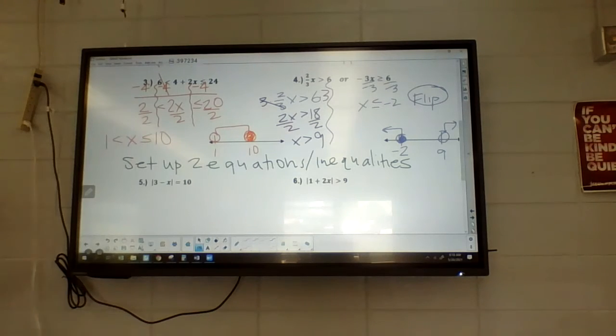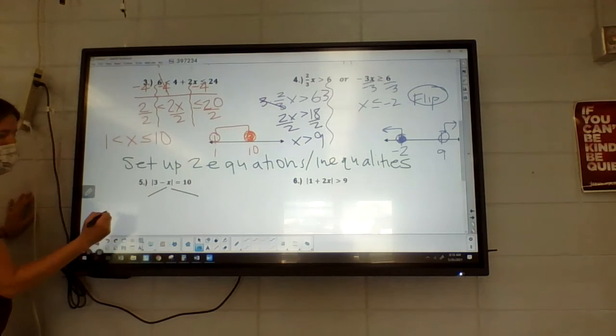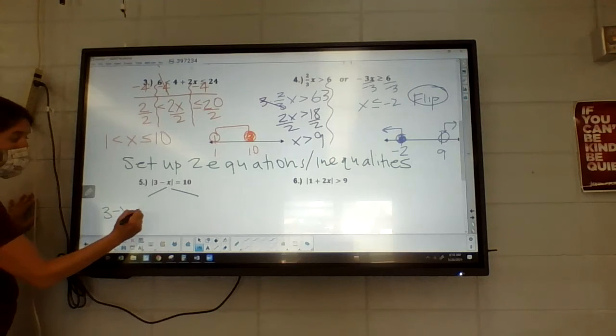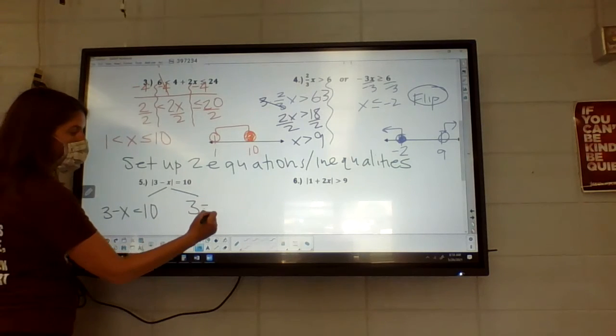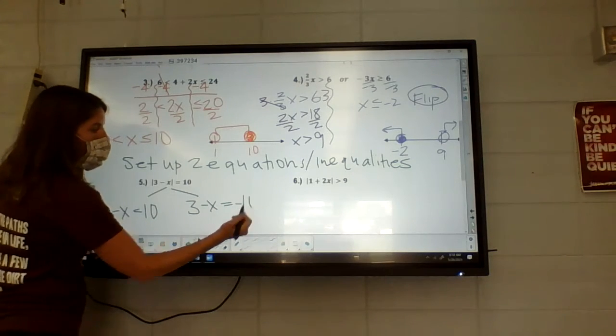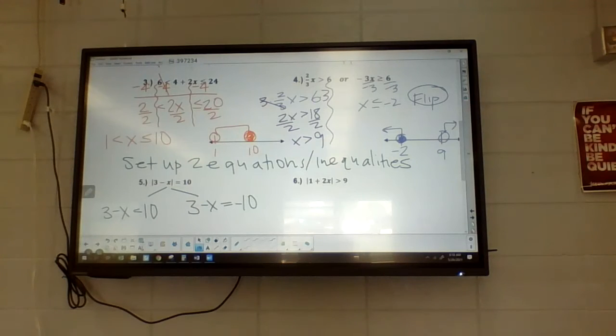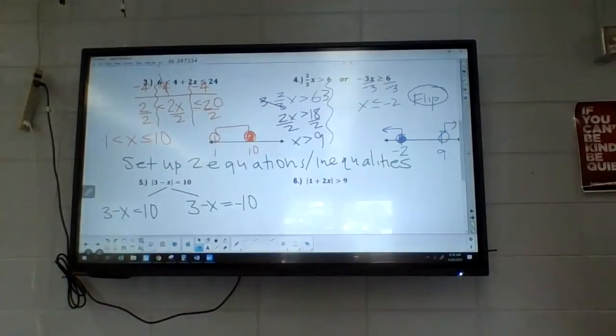So like number 5, I basically set up an equation the normal way. And then I set up a negative version. Because if you guys recall, this is where you covered it up with a little heart, and we said what could be under the heart? Either like a positive or a negative 10.